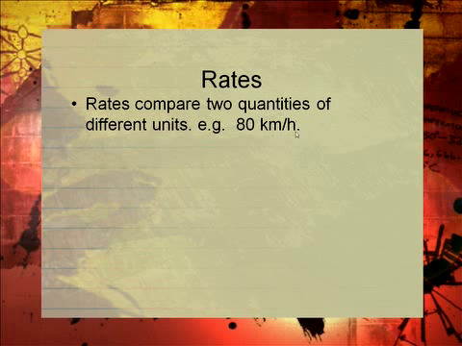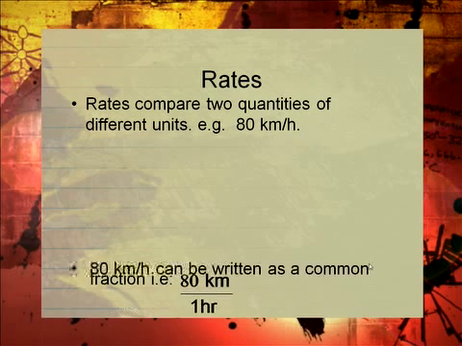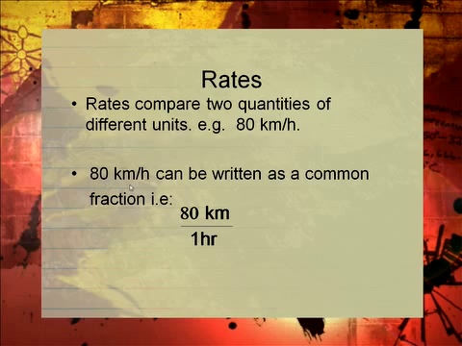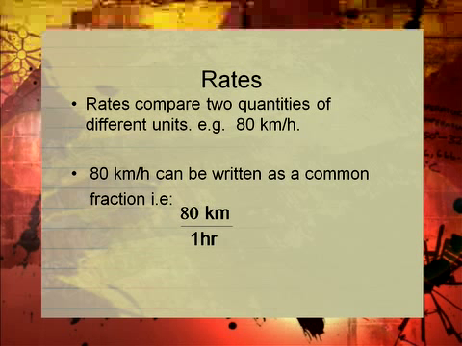Once you have the same quantity, that changes to just a normal ratio. But rates must have two different things. 80 kilometers per hour can be expressed as a common fraction. 80 kilometers comes first, it's on top, and hour is per hour. Feel free to express it like that.